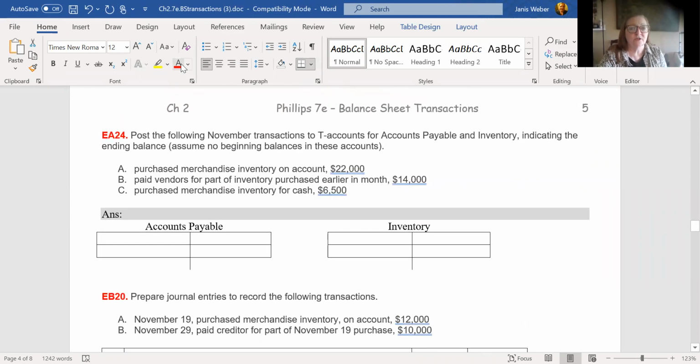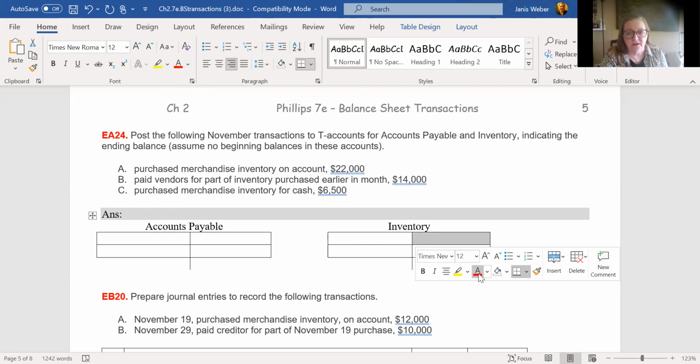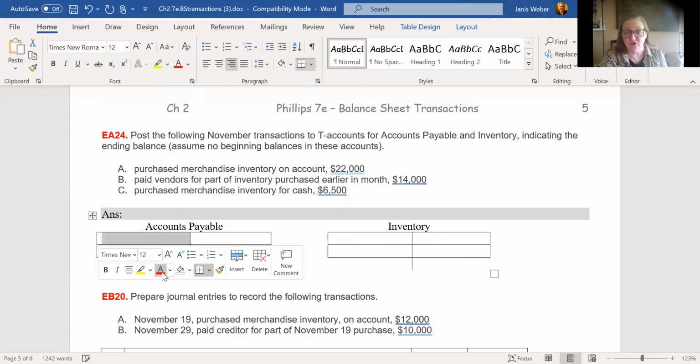All right, here they want us to post the November transaction to the T accounts for accounts payable and inventory. So we have these little T accounts we built down here for accounts payable and for inventory. We're indicating the ending balance, assuming these accounts didn't have any beginning balances. We purchased merchandise inventory on account. So the best way to do this is to actually make the journal entries.